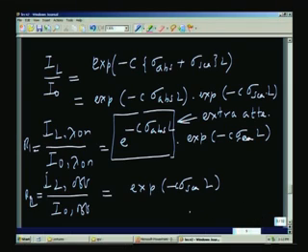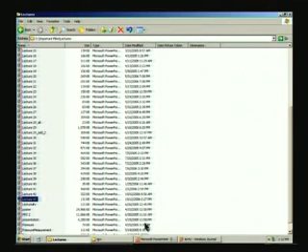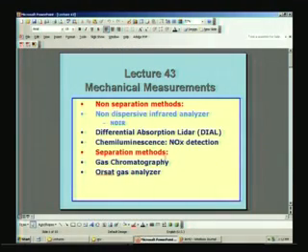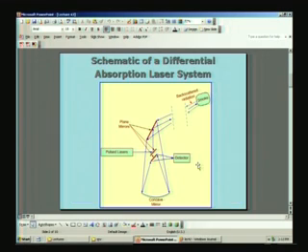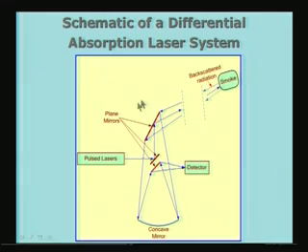So, on this basis, let us look at the schematic which I showed in the last lecture and see what the constituents of this measurement technique are.